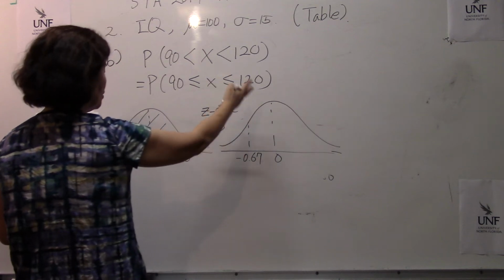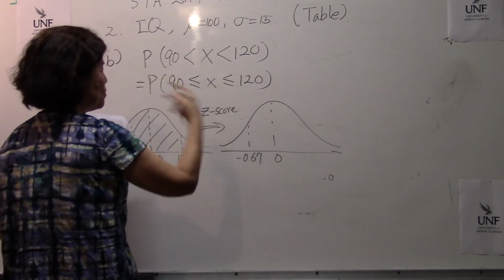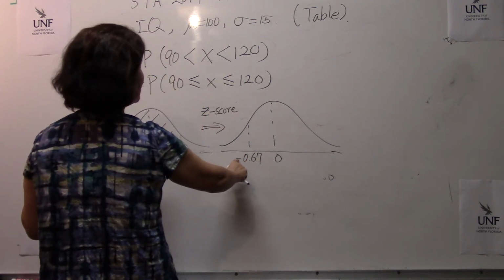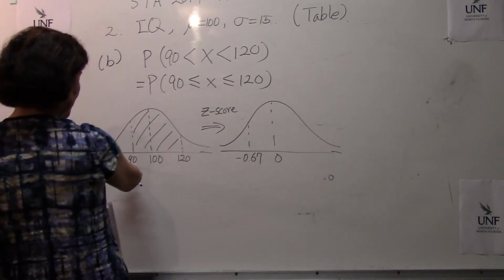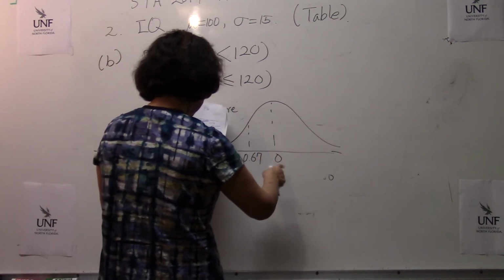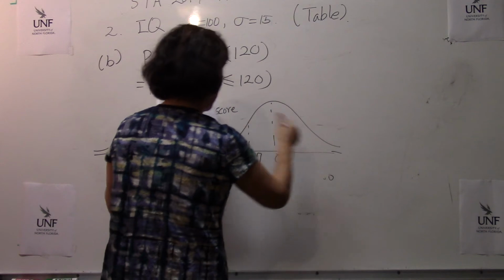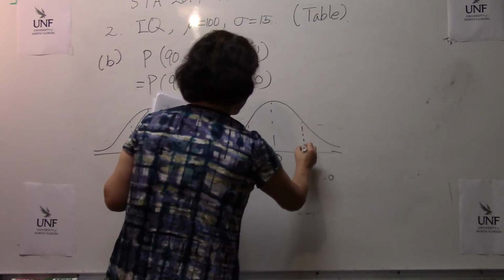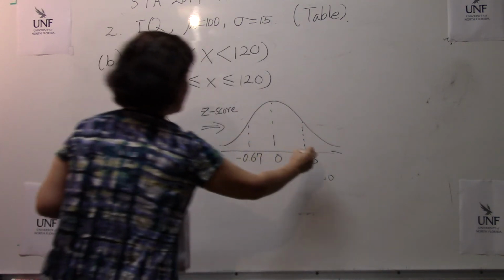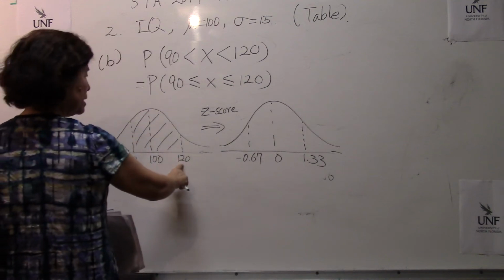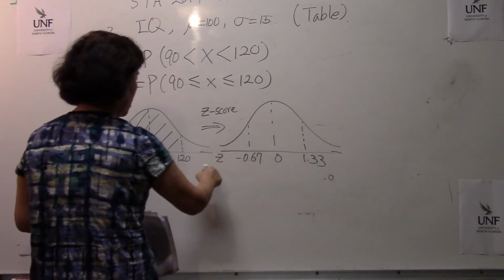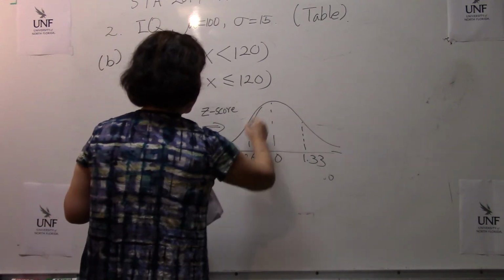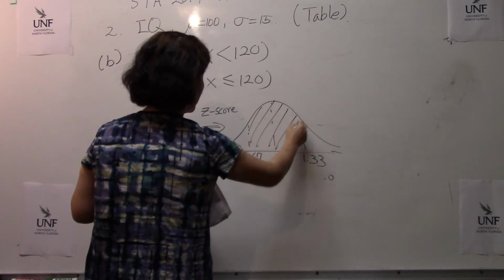Earlier we saw 110, so I have memory of that, but this time it switches to negative, okay? And 120 is corresponding to 1.33. This one is switching to a z-score of 1.33.